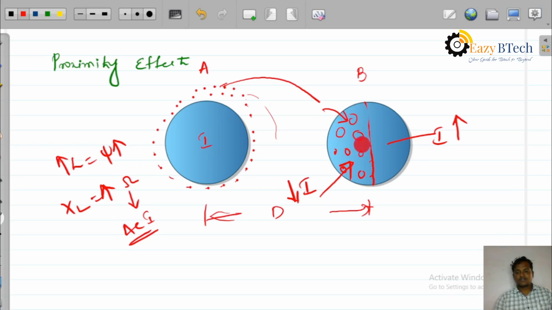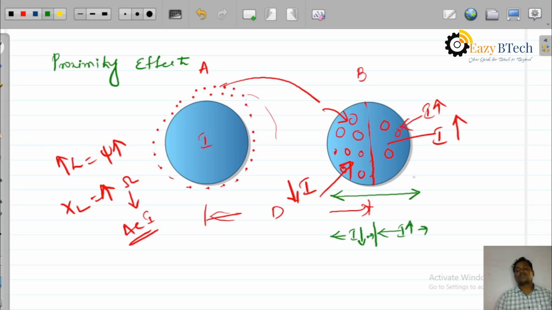If the resistance of these strands increases, then the current flowing through these strands is less compared to strands in the other portion, where more current is flowing. So conductor B experiences a difference in current flow: in this half portion less current is flowing, and in this half portion more current is flowing.